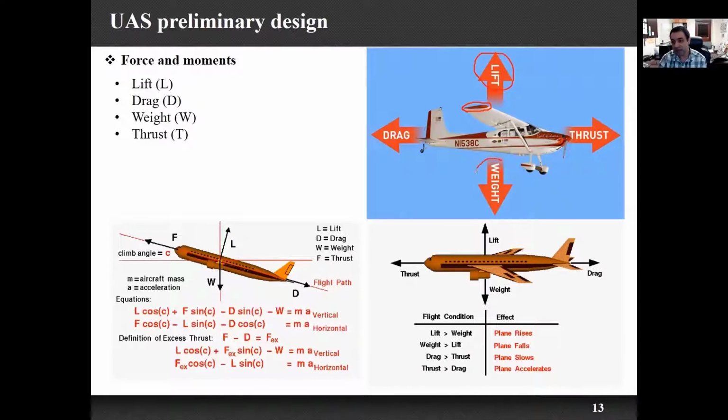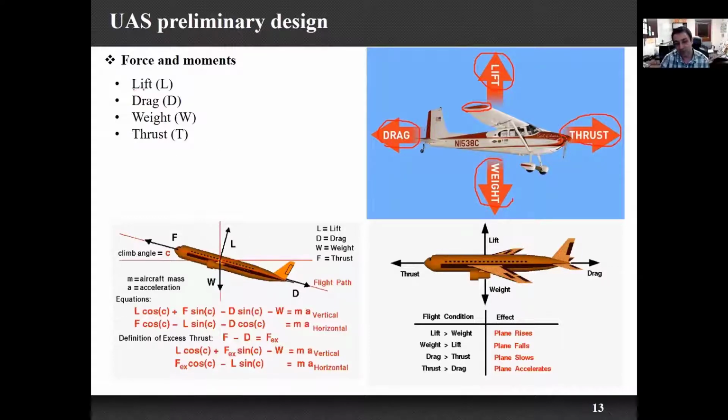Any airplane has a weight. Any airplane needs a thrust to be able to move in the air. And the motion of any object in the air or any type of flow will create a drag force, which is the resistance force because of the air.